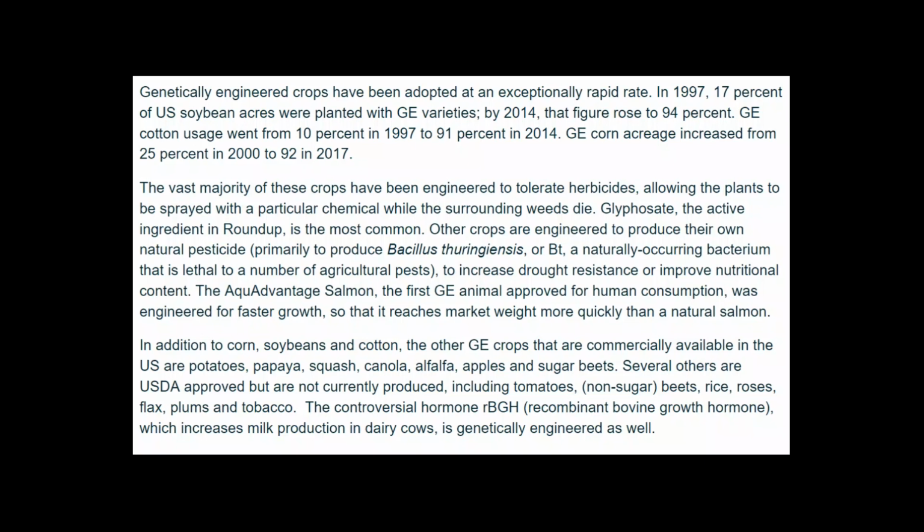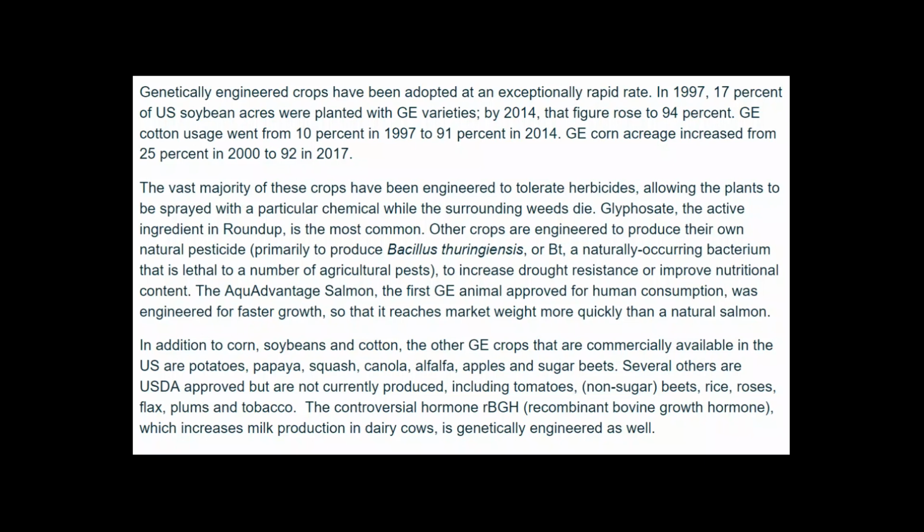That's 17 years later. GE cotton usage went from 10% in 1997 to 91% in 2014. And GE corn acreage increased from 25% in 2000 to 92% in 2017. So this gives an example of how rapidly GE crops have been growing.